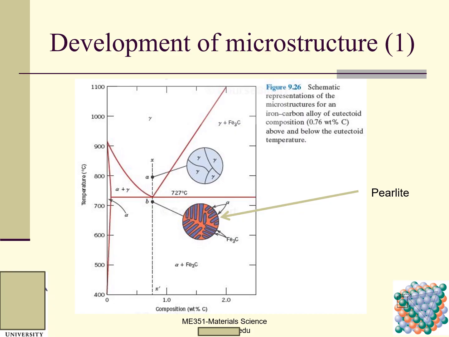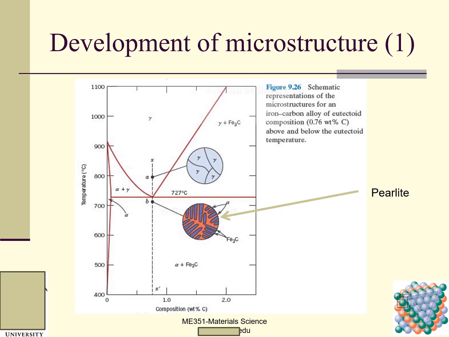Now the development of microstructure. Here is the eutectoid point, right? Here is pearlite. I told you pearlite is alternating layers of alpha ferrite and cementite. Above this temperature, we have austenite, gamma austenite, polycrystalline austenite.